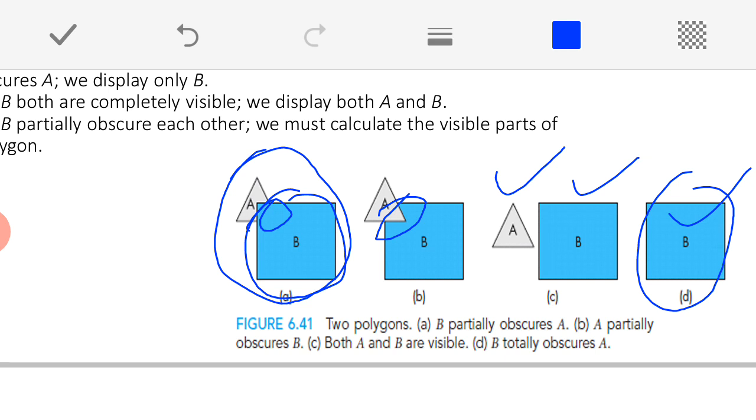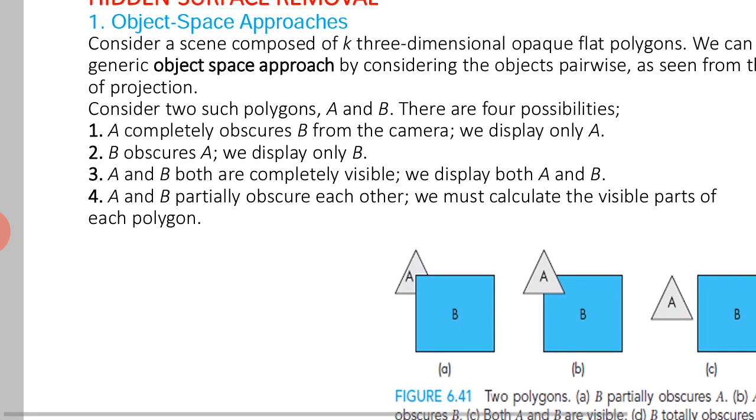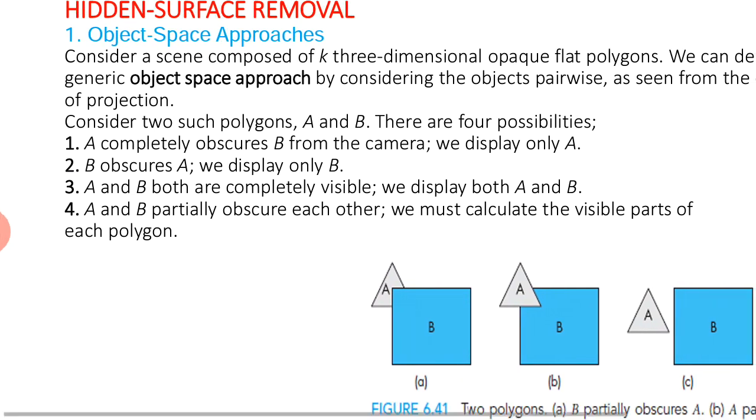So, like this, in the object space method, every time I take one object and go on comparing with n minus 1 objects. So, this method is called the object space approach. This is one approach with which some of the algorithms or procedures will work.